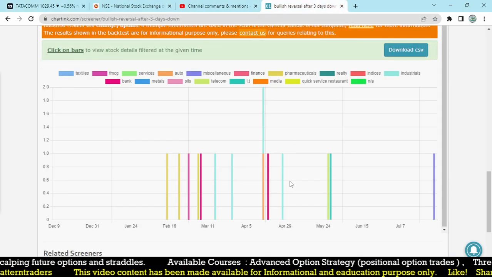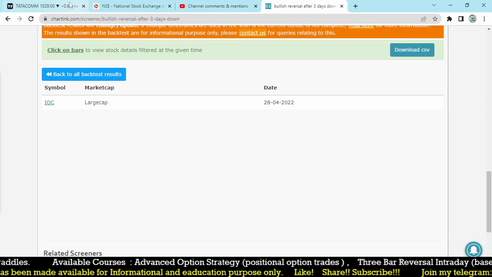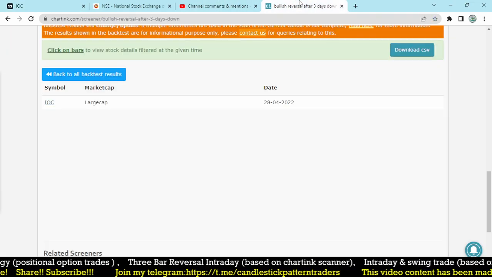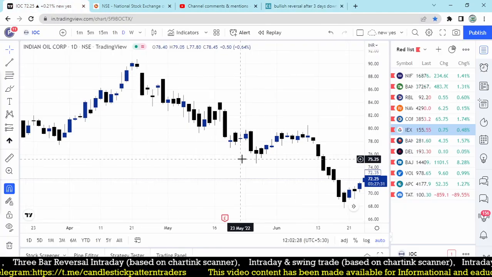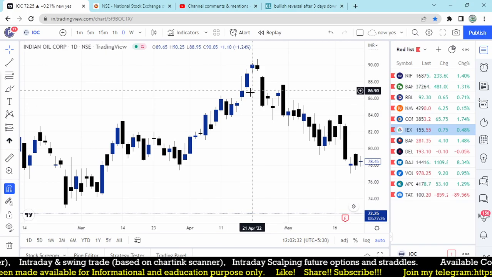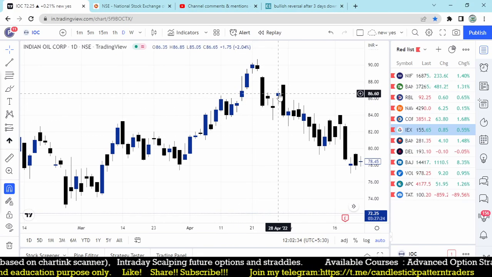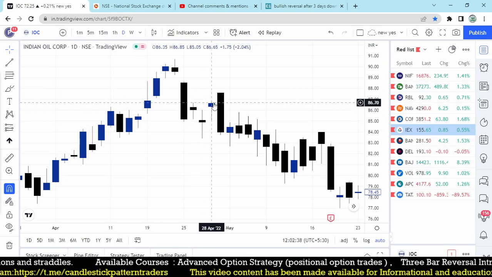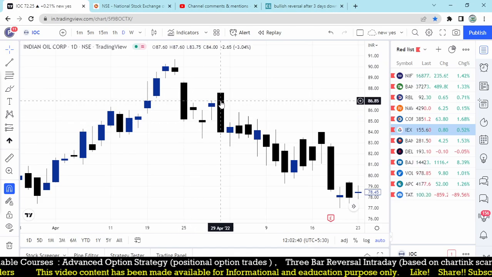And what about other stocks? Here, IOC, Indian Oil Corporation. The date where it forms is 28/4, April. After 3 days down, there is a hammer.